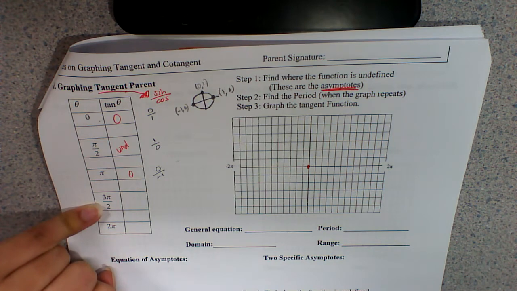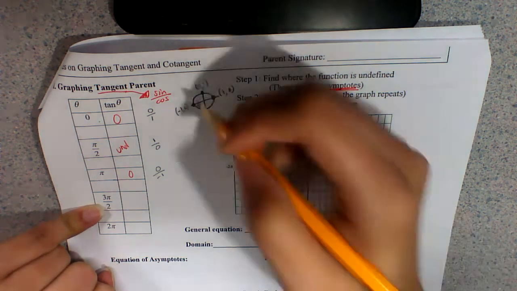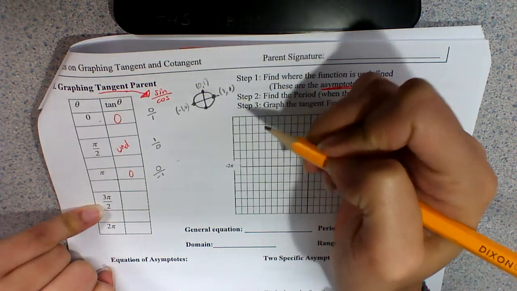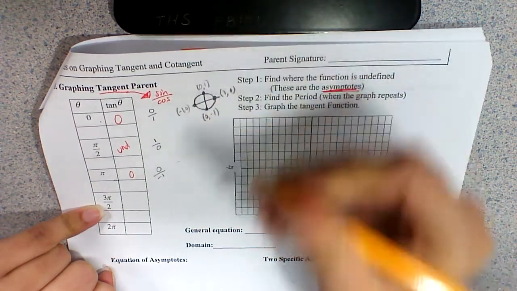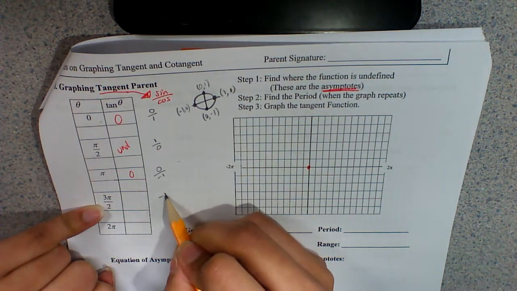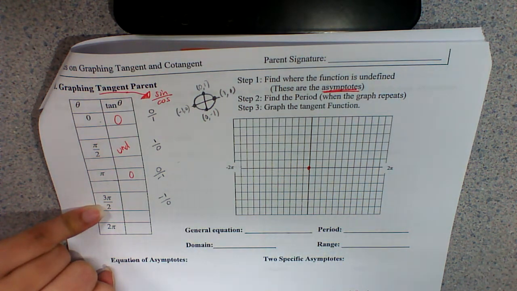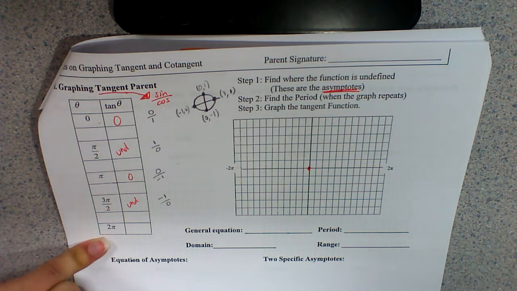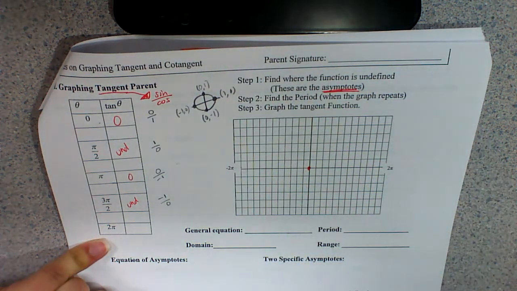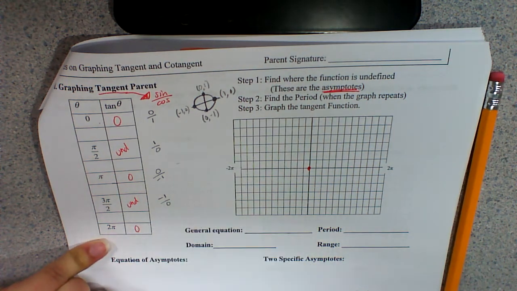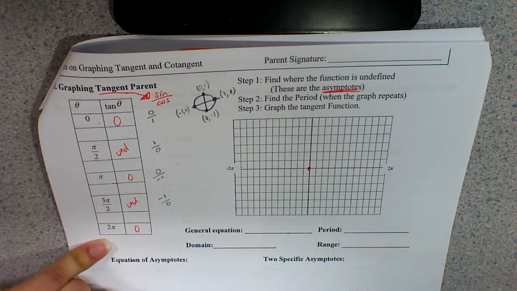Okay, the next one, 3 pi over 2, that's over here at 270 degrees, and the coordinate there is 0, -1. And sine over cos would be -1 over 0, which again, you're right, is undefined. At 2 pi, it actually takes us right back where 0 was, and so that 2 pi, just like 0, will be a value of 0.